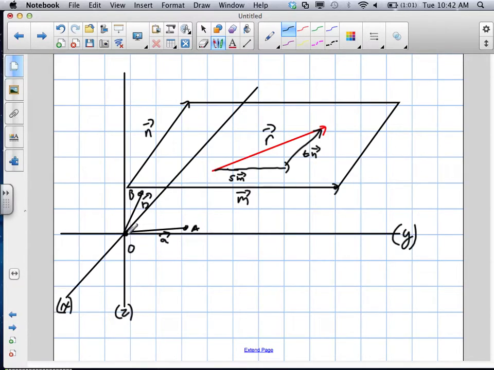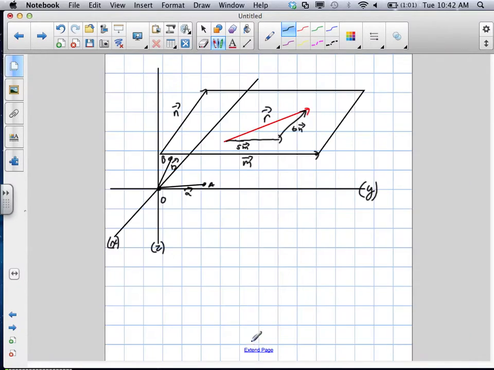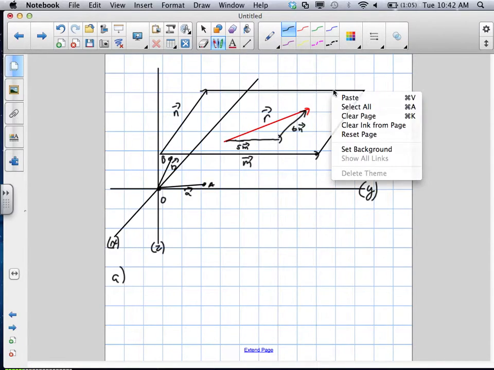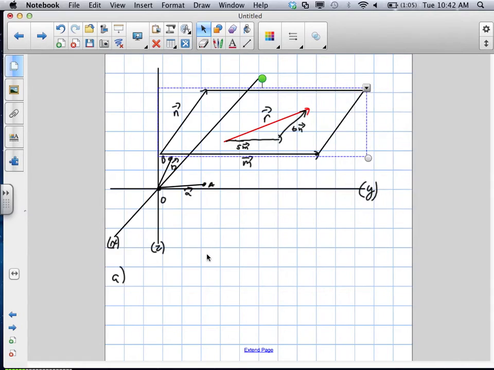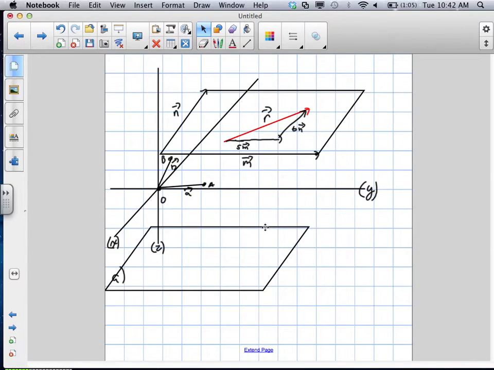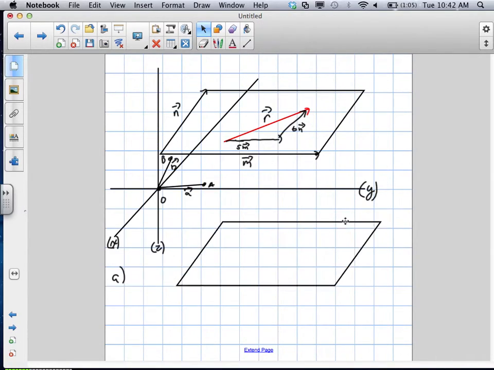Now, in order to calculate a plane, they've given us 4 things that we need. So the first thing we're going to need is a line and a point not on that line, but on the same plane. So let's use this plane again. So I have this plane again. First thing we need, A, is a line.